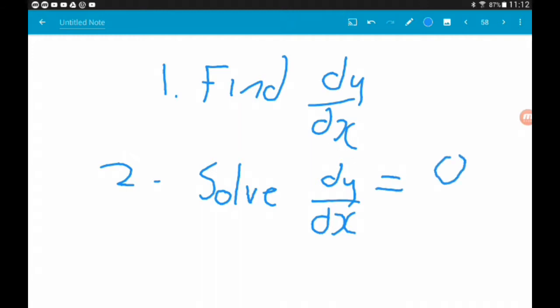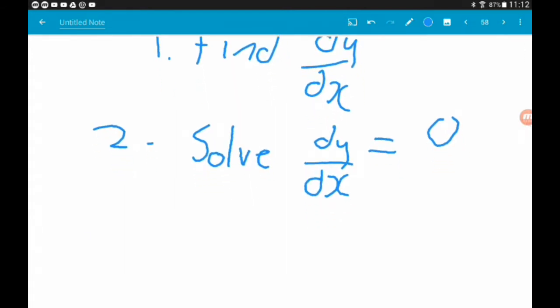That will find us any x-coordinates where the gradient of the curve is equal to 0. Once we've got the x-coordinates, we then sub those in to find the corresponding y-coordinates.